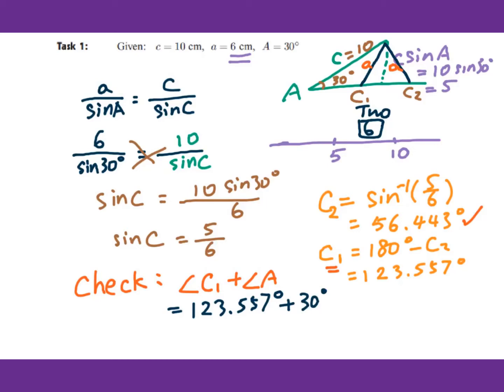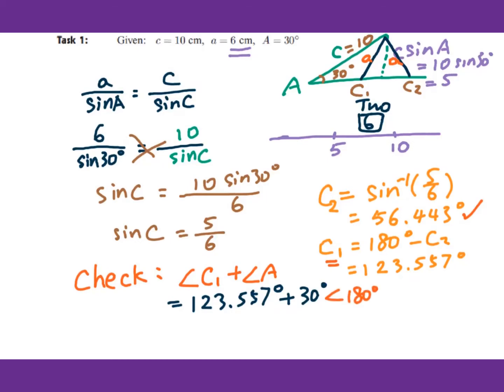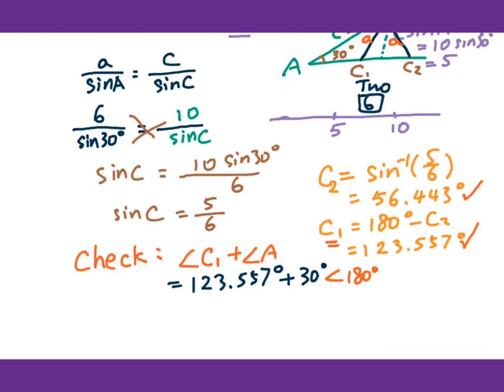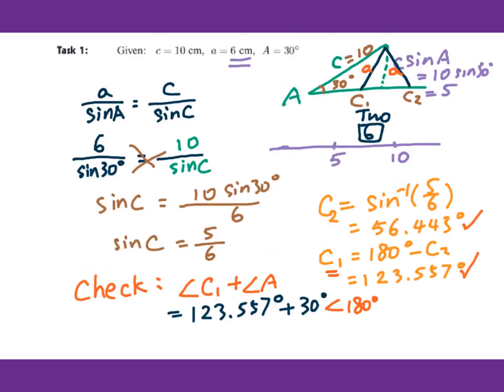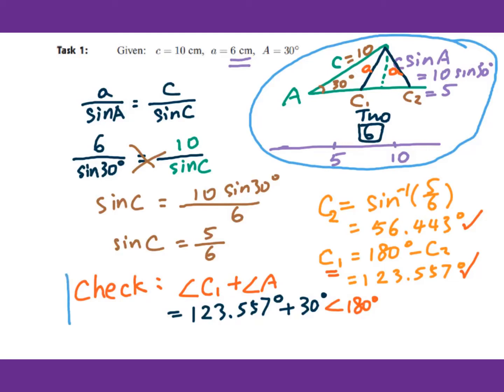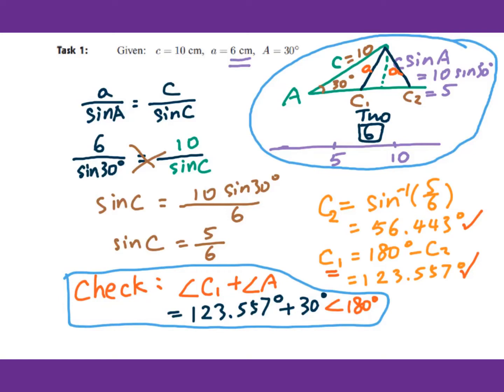We got this value less than 180 degree, which means C1 is good. Normally, when I do this kind of problem, SSA pattern, I will use this diagram to estimate how many triangles you can form. And at last, I normally using this to check, did I get the correct estimation?